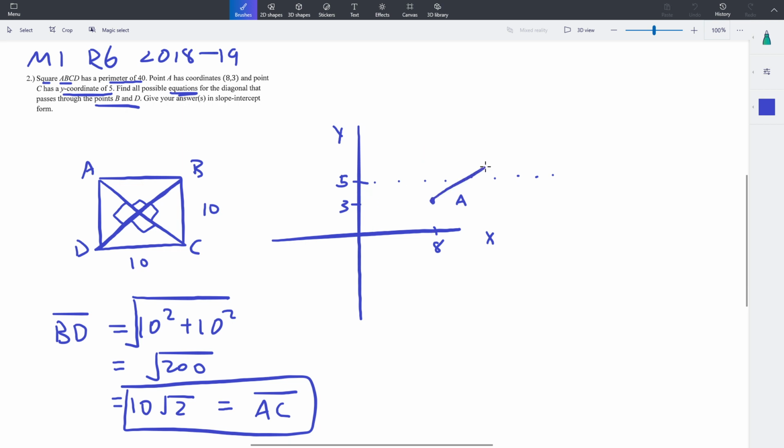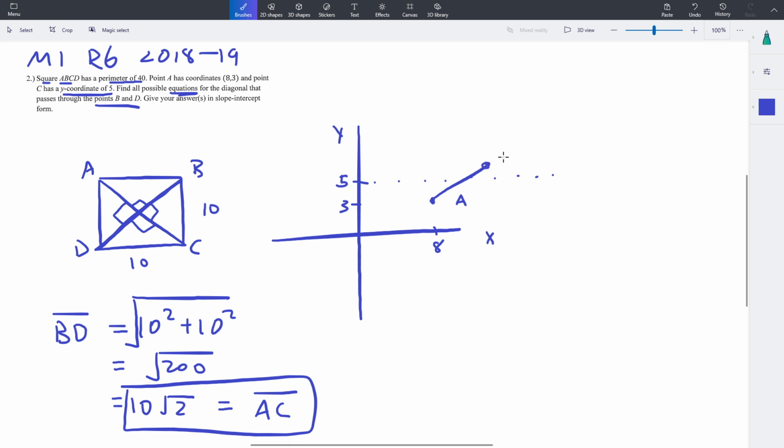Maybe you're not good at drawing circles, but you can also think of it like you have a stick that long, 10 root 2. You can swing it left and right, like on the axis, with A as an axle. You can swing it in a circle or in an arc.